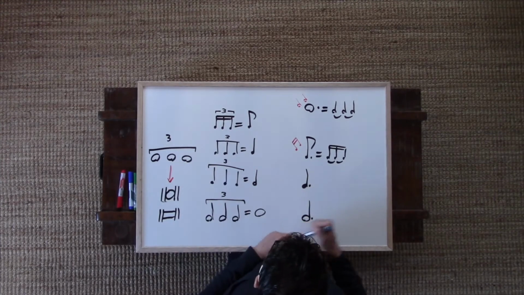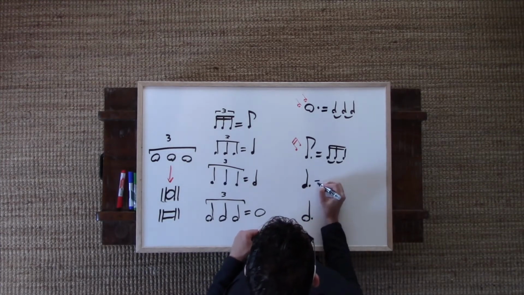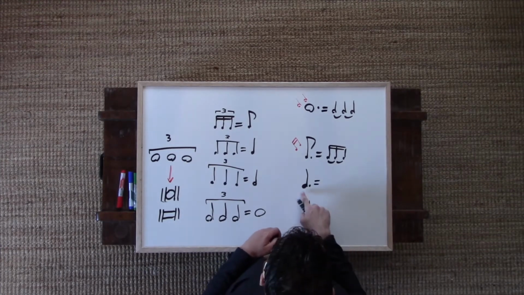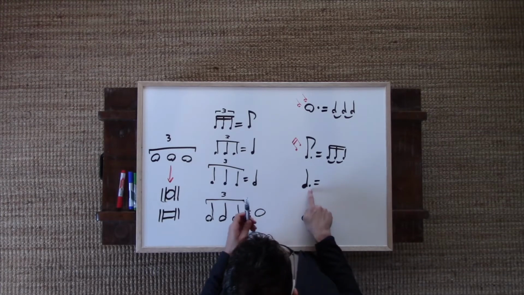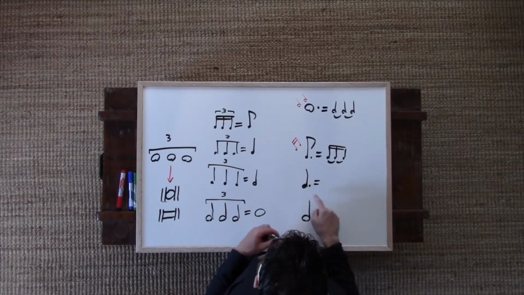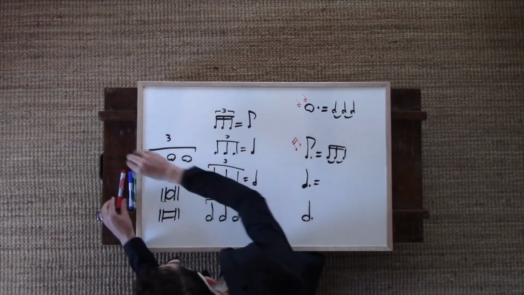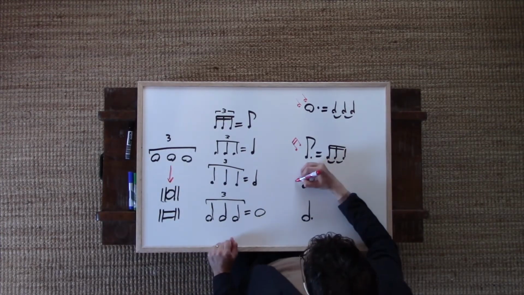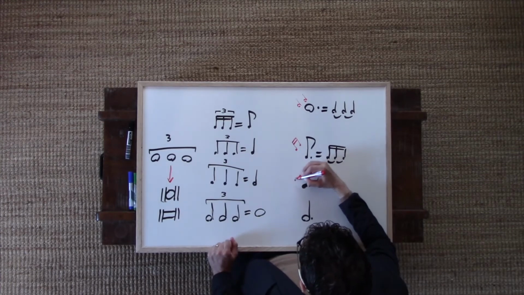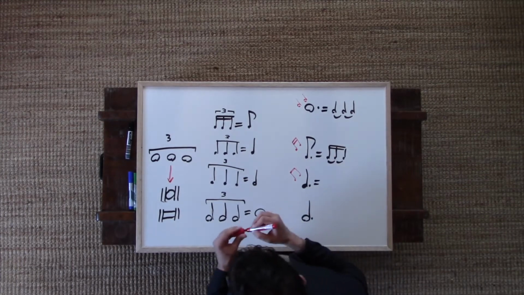Now let's do this one. A quarter note figure. A dotted quarter note. Same thing, a dot is half of whatever came before it. Half of a quarter note is an 8th note, because 2 8th notes make up a quarter note. Here's 2 8th notes here, just so we can see.